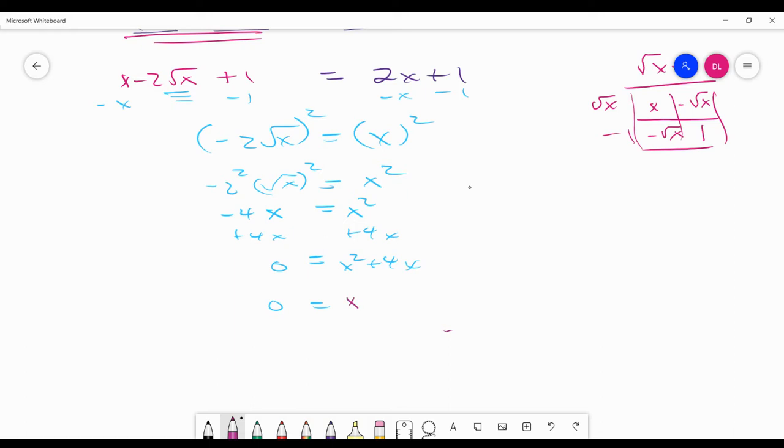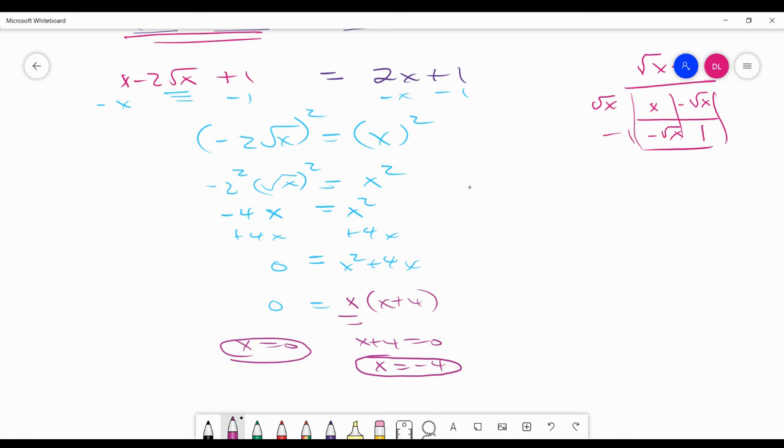So x times x plus 4. And then I'm going to set each one of these equal to 0. So x equals 0, and x plus 4 equals 0. And then I'm going to get x equals negative 4 and x equals 0. So my two answers are x equals 0 and x equals negative 4.